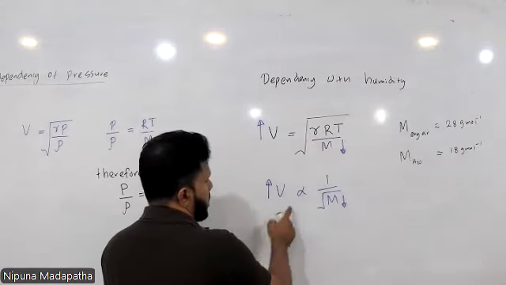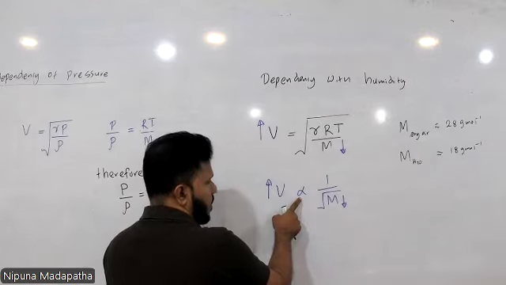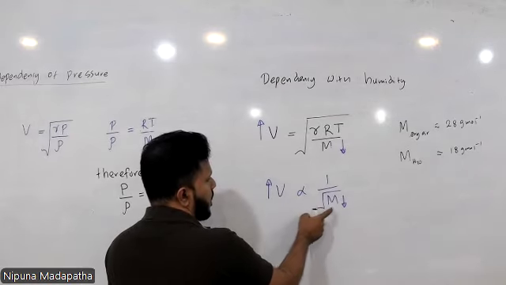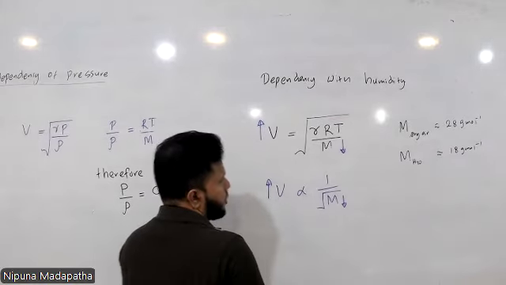Right. So you can write down this. Speed of sound is inversely proportional to the square root of molar mass.